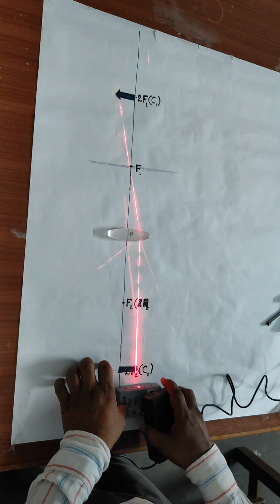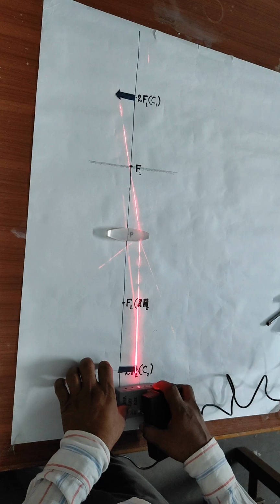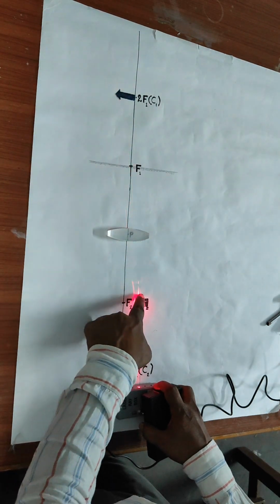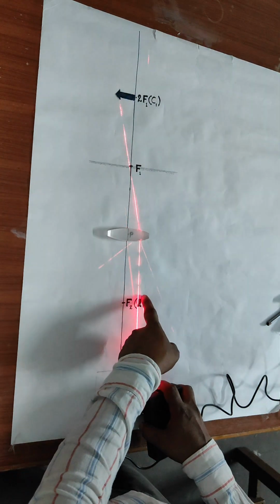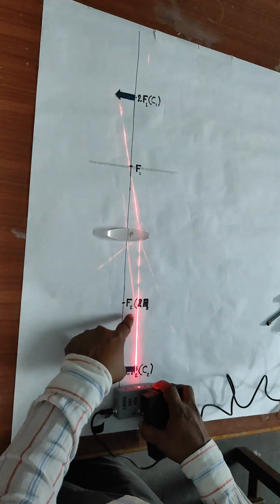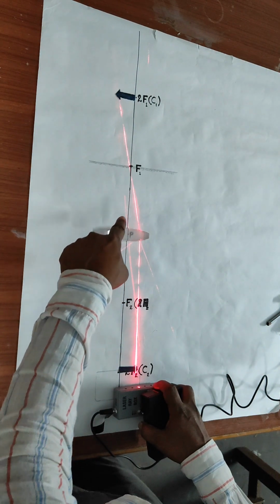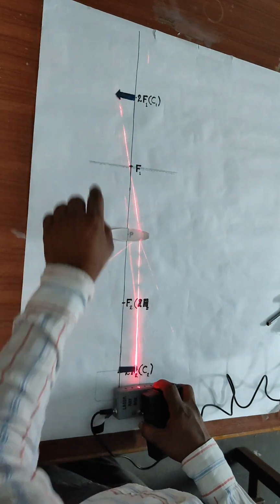Observe this ray, it is passing through the optic center. So this is the first incident ray, this is the second incident ray. The first incident ray after refraction passes through the focus, and the second incident ray passes through the optic center and is undeviated, and these two refracted rays meet at this point.